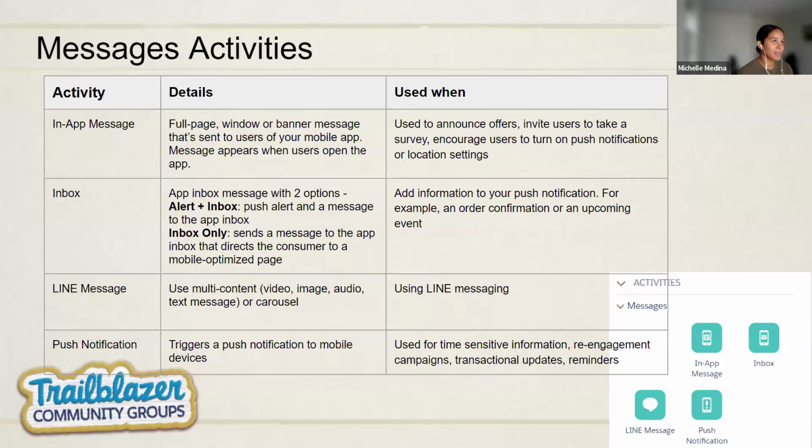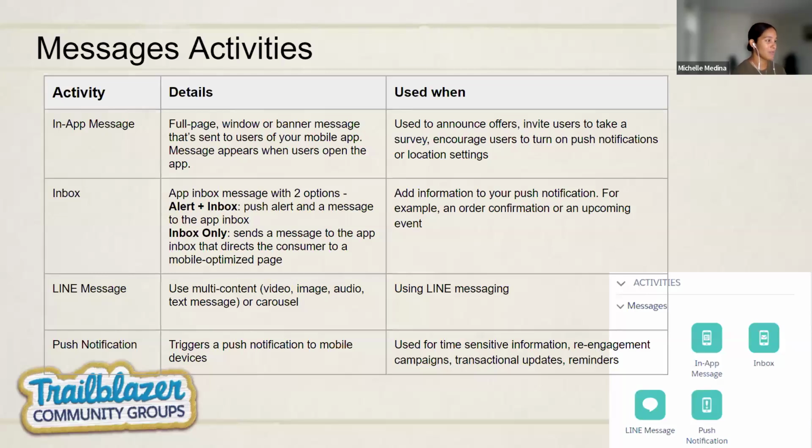Once the customer opens that message, it'll direct them to more of a mobile optimized page. It's typically a cloud page. And then these inbox activities are typically used for when you want to add more information alongside your push notification. So for example, you can do an order confirmation or an upcoming event.